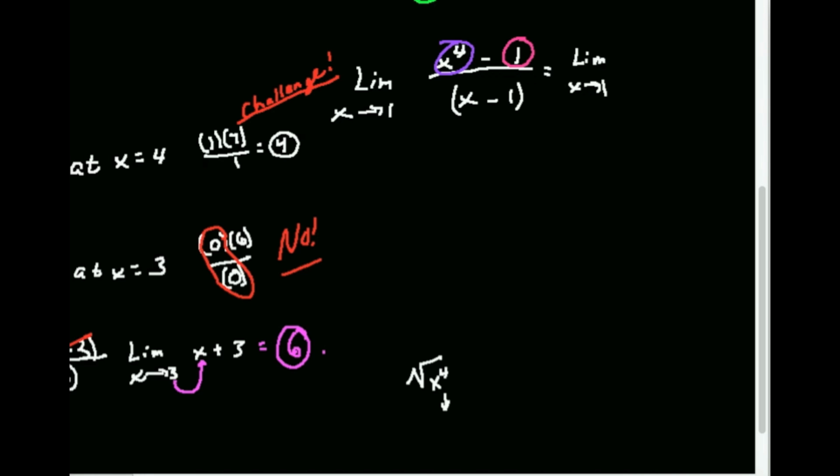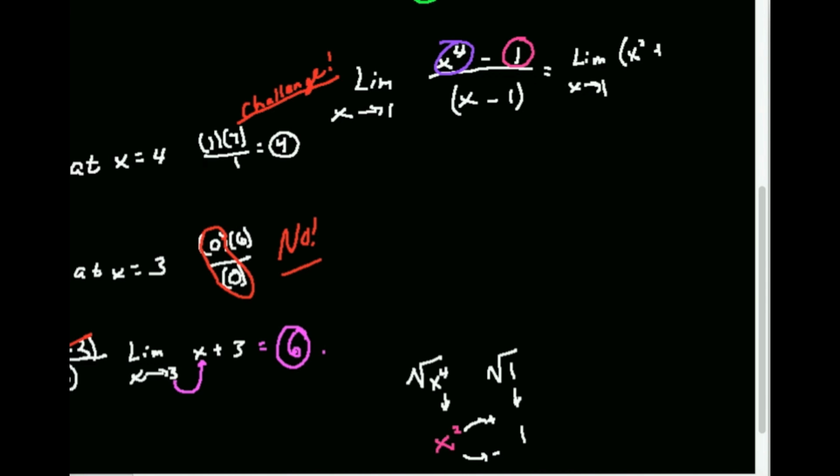What's the square root of x to the 4th? That's x squared, right? And then what's the square root of 1? That's just 1. So when I write out this limit, I have this x squared, and then I add 1, and this x squared, and then subtract 1. It's the same thing from before.